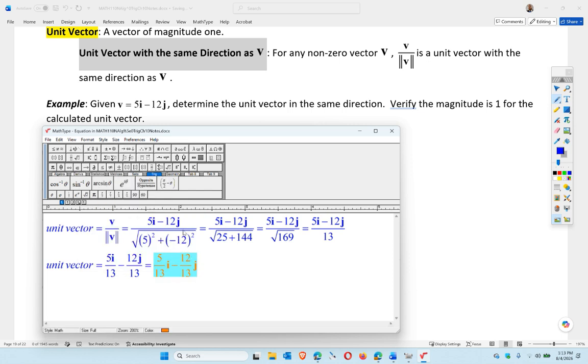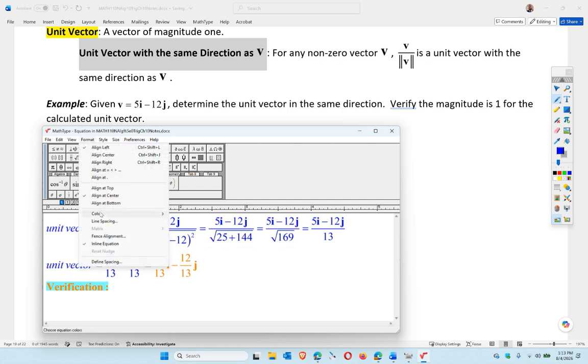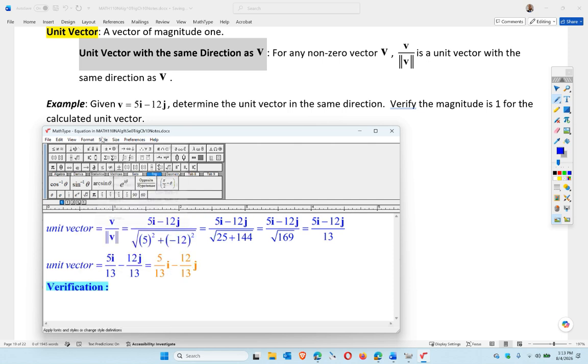So the question is, did it work? Verify it is magnitude 1. So I'm going to take the unit vector, copy, and we're going to do the magnitude of it.